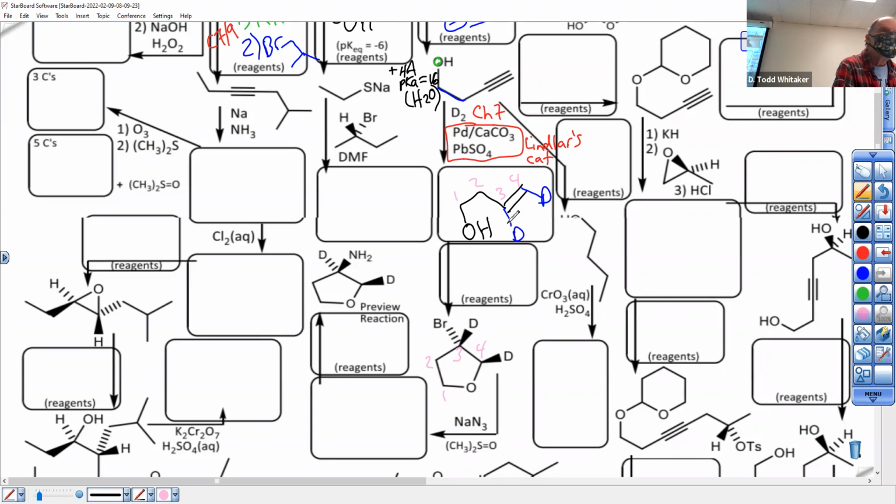And Br2, we learned Br2 with water. The water will attack the more substituted carbon. We also learned alcohols do whatever water does. This molecule has an alcohol. The bromine will make a triangle. Br2 will make a triangle.